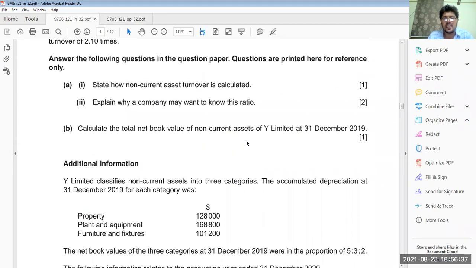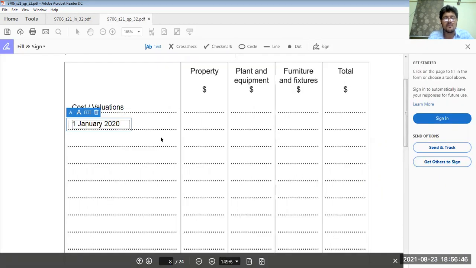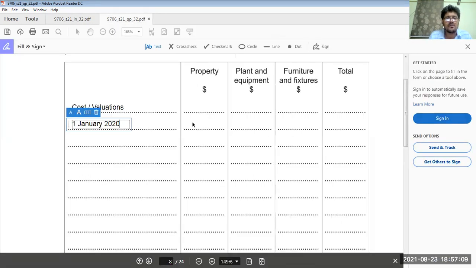Remember 384,000. Now 384,000 is going to be divided in the book value ratio of 5, 3, 2. So 384,000 multiplied by 5 divided by 10 is the book value of property at the start of the year. And if we add the depreciation 128,000 to 192,000, we get 320,000 over here as the value of property.